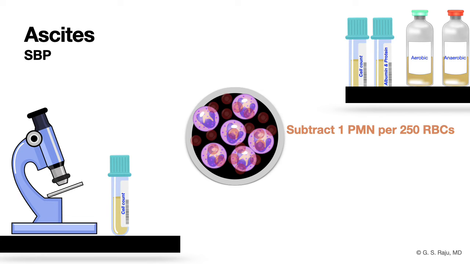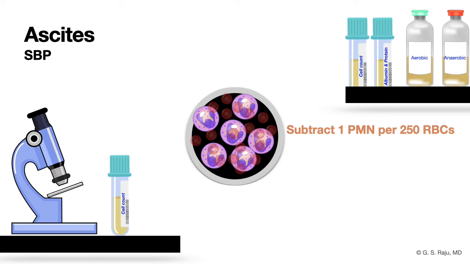So we talked about different types of infection of the peritoneal cavity, and how you diagnose based on cell count, presence or absence of organisms, one organism or multiple organisms, and how you make adjustments when you see lots of RBCs.